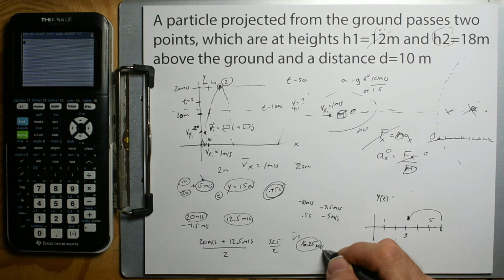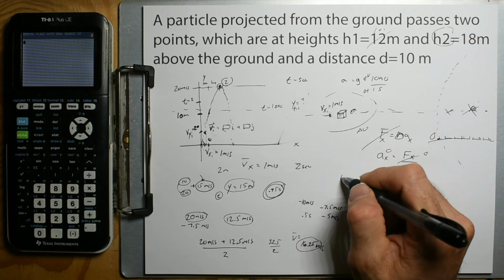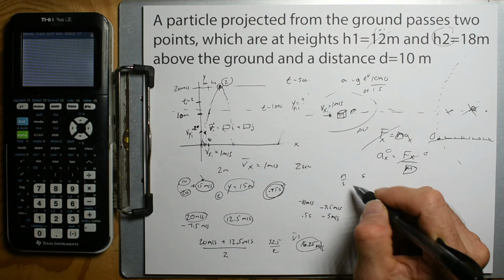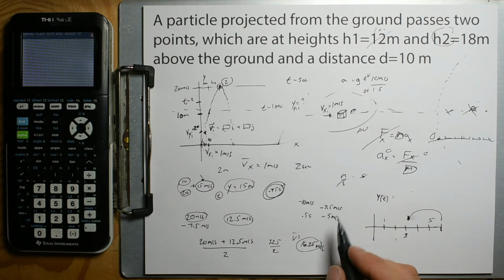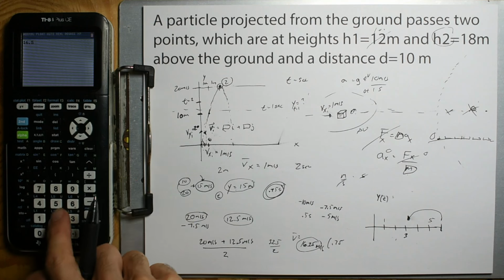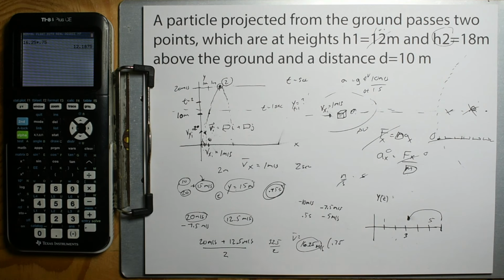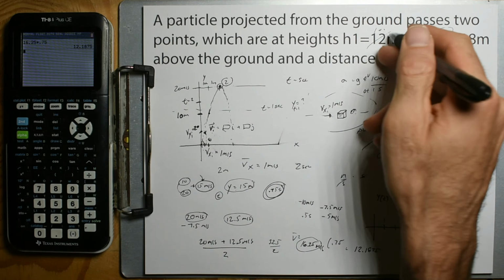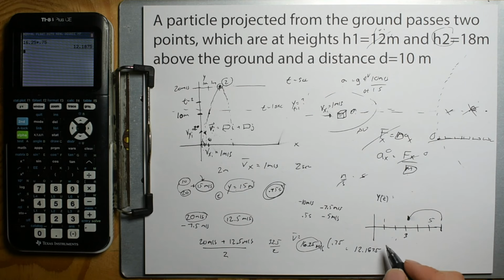So again, this is our speed, this is our seconds, and we're going to multiply these two together to get our distance. We multiply 16.25 times 0.75, and we get a height of 12.1875. That works out perfect.